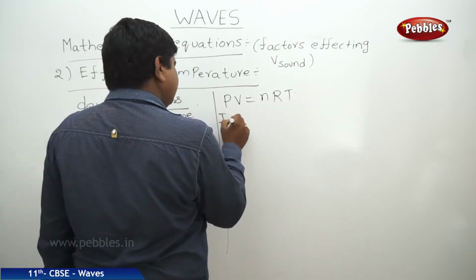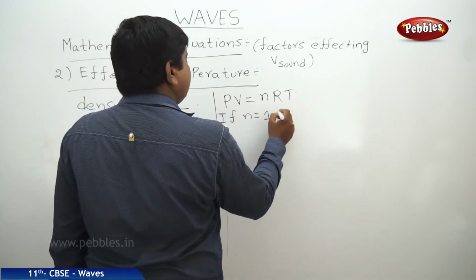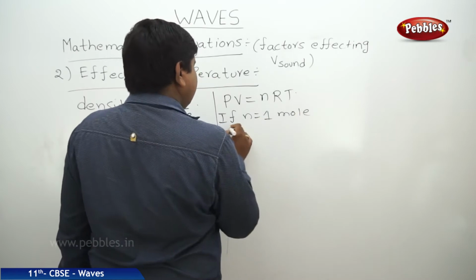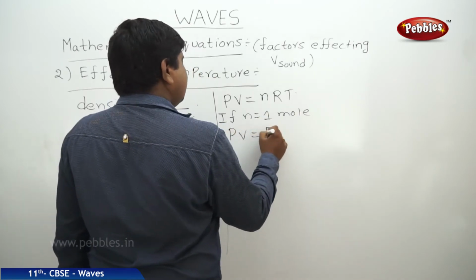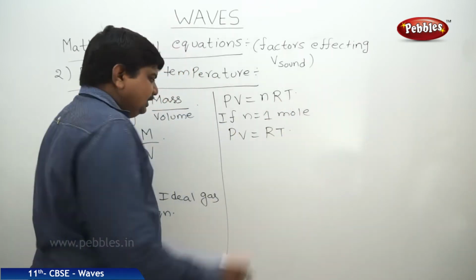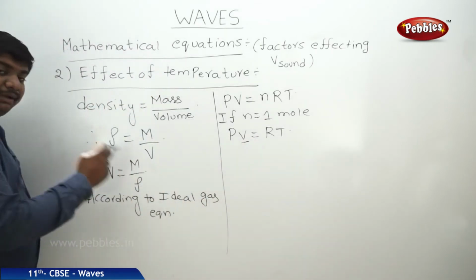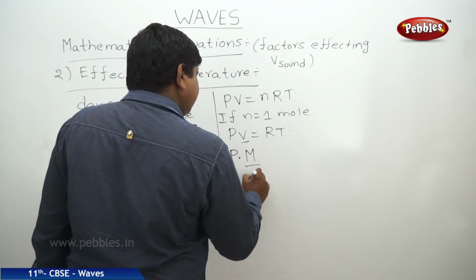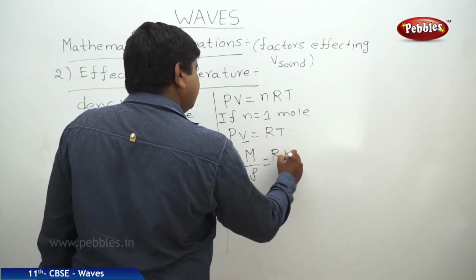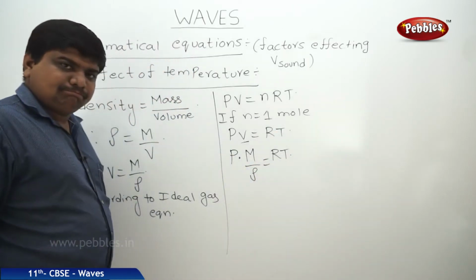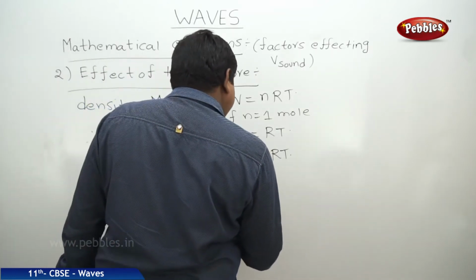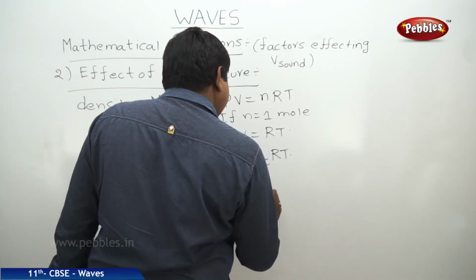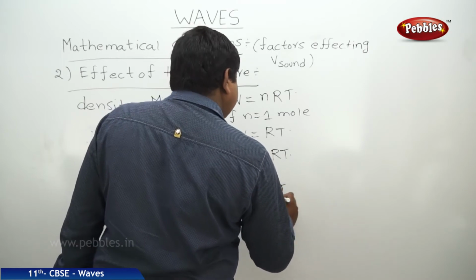So if n is equal to 1 mole, then we can write PV is equal to RT. In place of V, we can substitute m by rho. So therefore, P into m by rho is equal to RT. So P by rho is equal to RT by m.